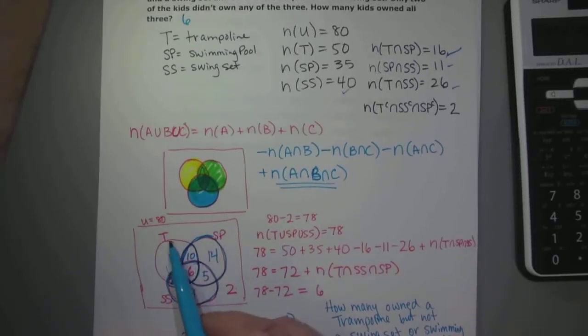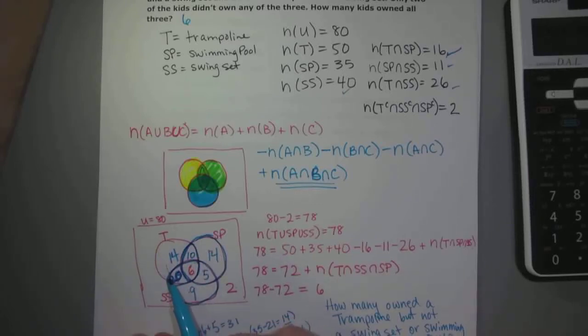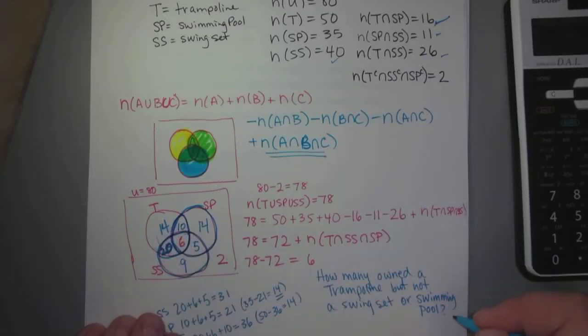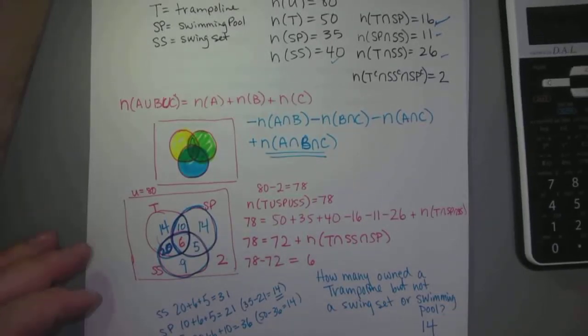So own a trampoline, that would be any of these in this circle, but not a swing set or swimming pool, so none of these, just 14. Okay, so you could ask any question.